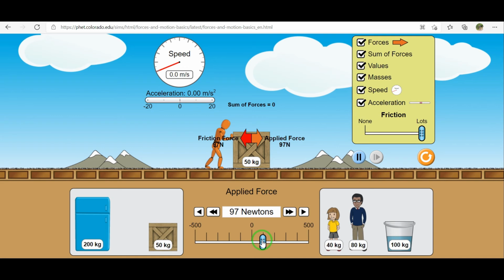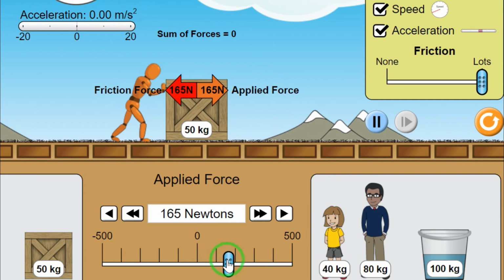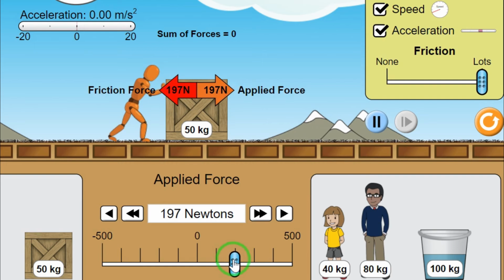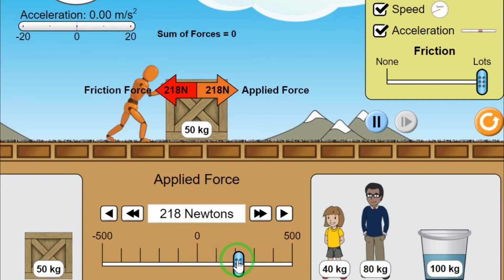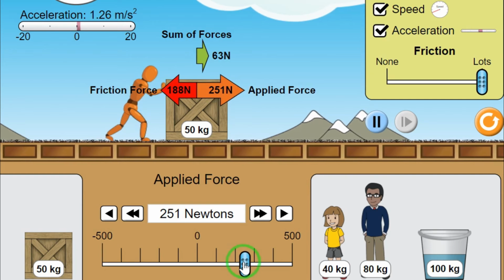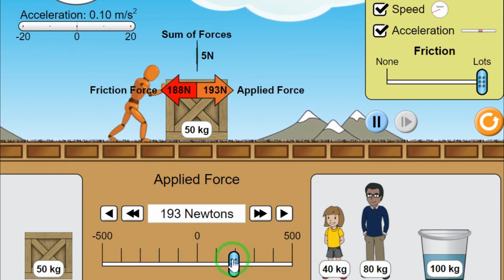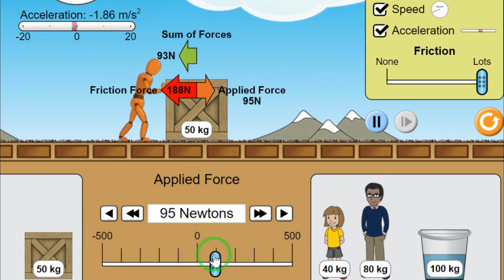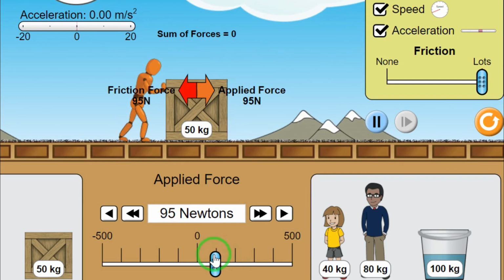Now we should apply more force so that our force should come above the friction force. Now look at this, 146 is the friction force and then 165 is the friction force, right? And that is what the friction force a 50 kg body will have. You can see that till here there is still a friction force which doesn't allow this man to push.